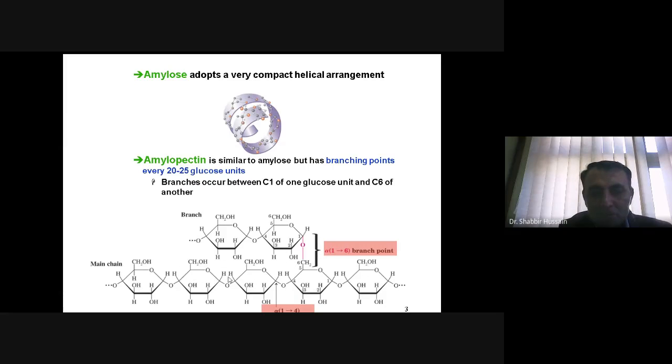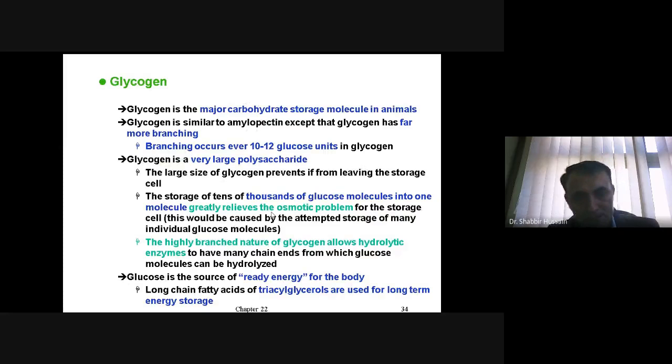So the main chain is connected with 1,4 glycosidic linkage, while its branching is connected with 1,6 alpha glycosidic linkage, right? So amylopectin is similar to amylose but has branching points after every 20 to 25 glucose units.